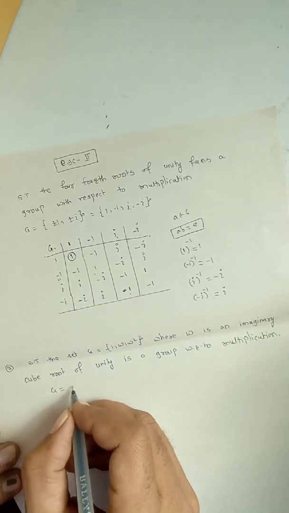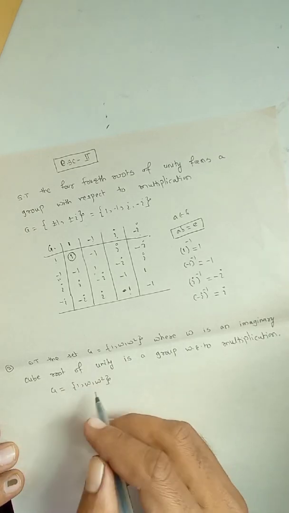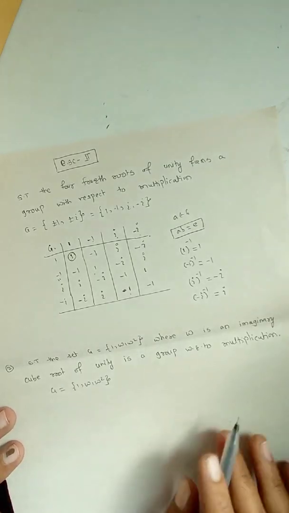Now the set G is {1, omega, omega square}. So these are the cube roots of unity.